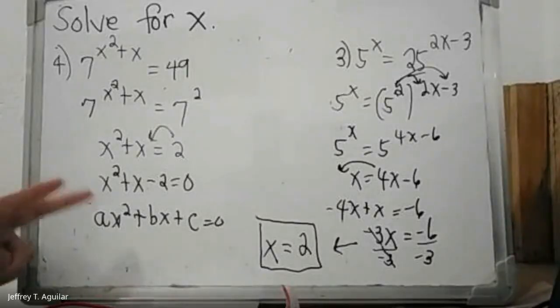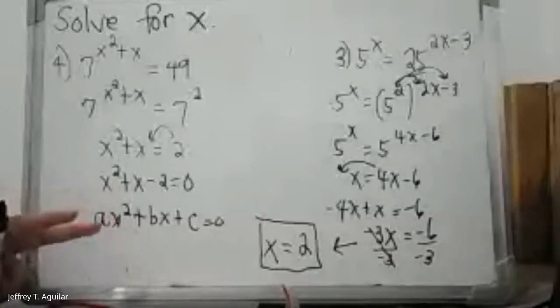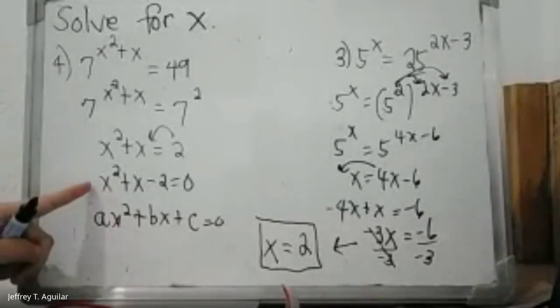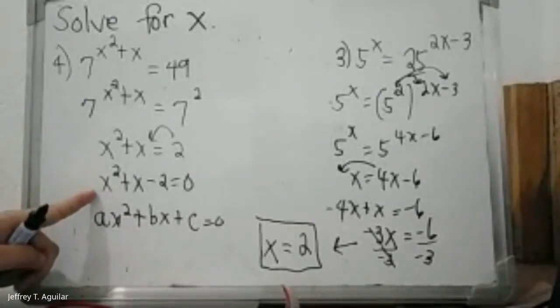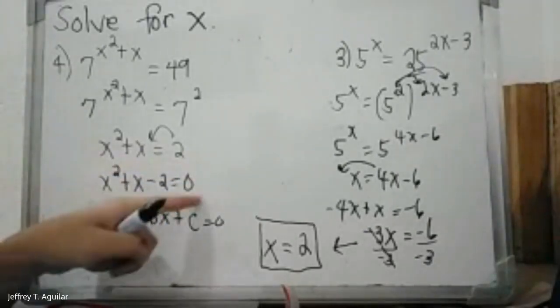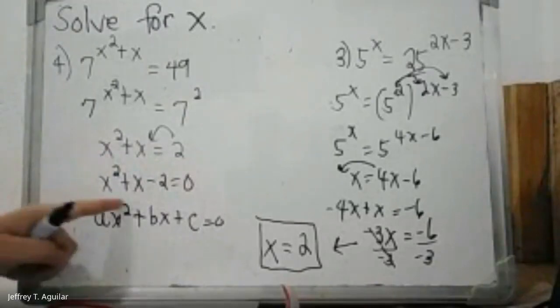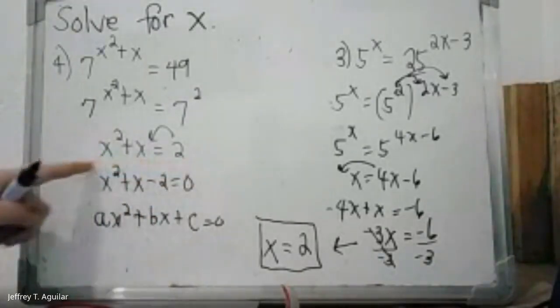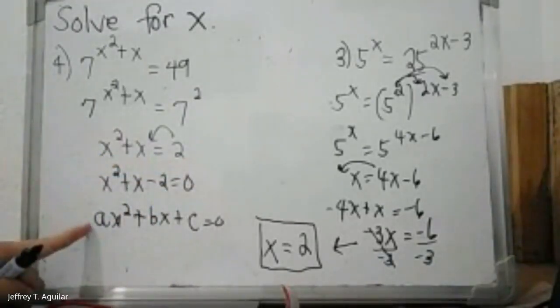Now, there are actually two ways in finding your x. It might be that your quadratic function that you have arrived at is factorable, so we are going to employ the process of factorization to solve for x, or using the quadratic formula.